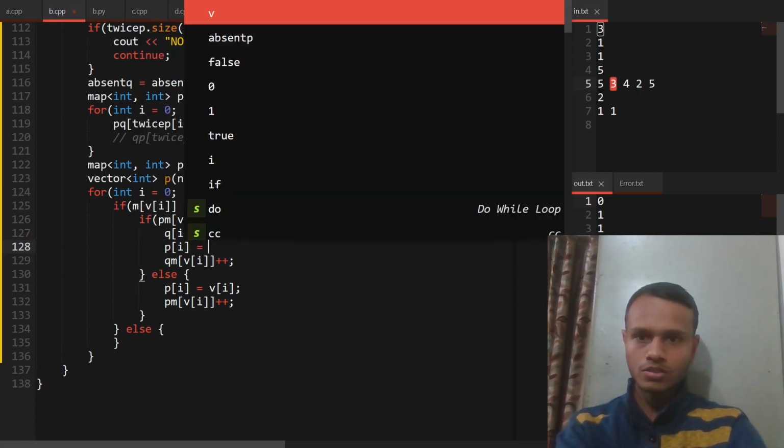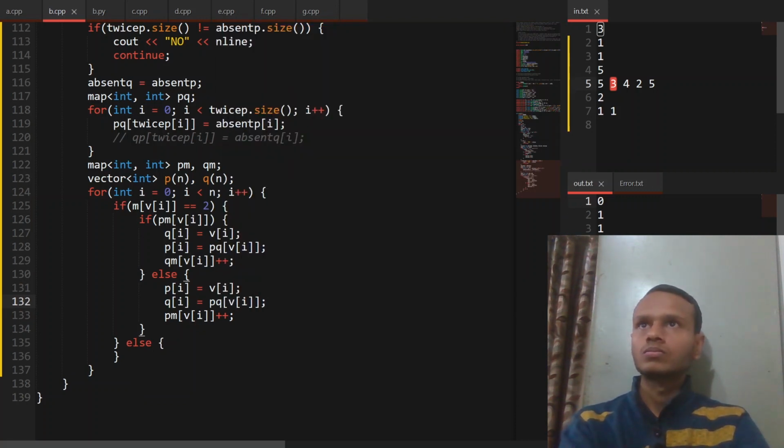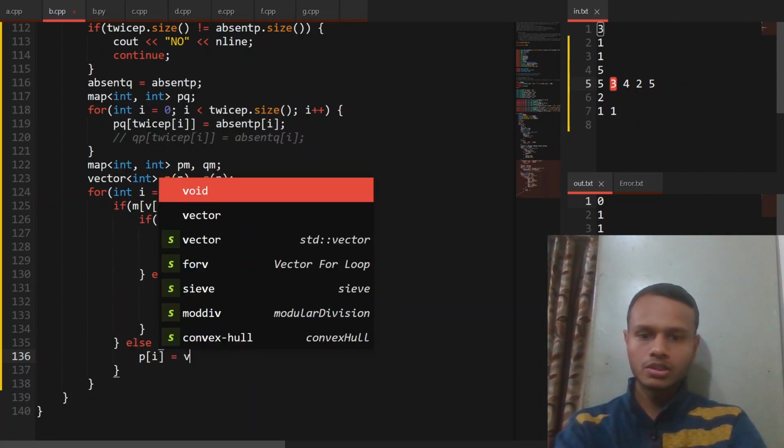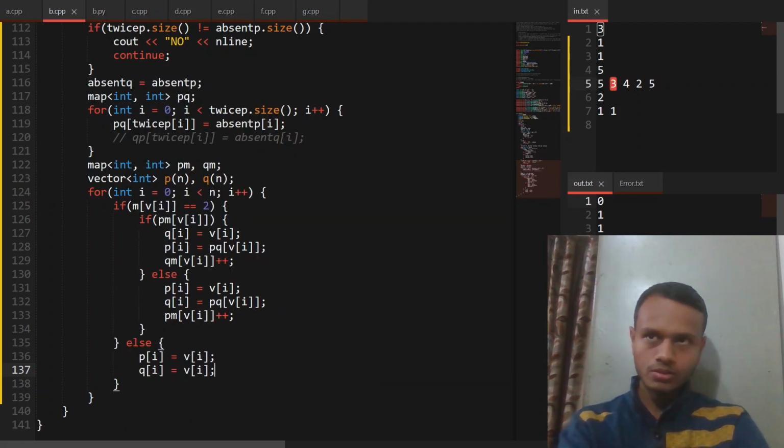Instead, P of I should be equal to PQ of V of I. Here as well, Q of I is equal to PQ of V of I. Yeah, if its frequency is just 1, then P of I should be equal to V of I, and Q of I should also be equal to V of I.